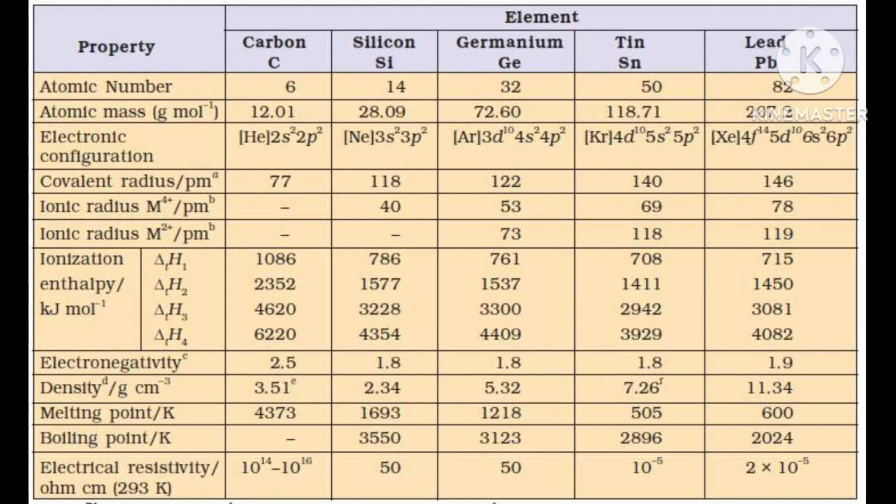Carbon cannot exceed its covalence of more than 4, because carbon has a maximum valency of 4. Carbon has 6 electrons: 1s², 2s² 2p². In the outermost orbit, 2s² 2p², only 4 electrons can be given, hence 4 is the maximum.